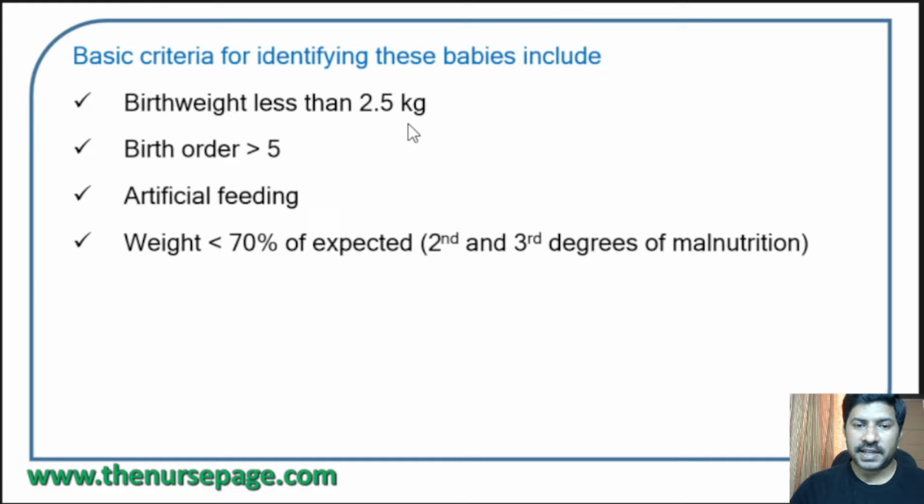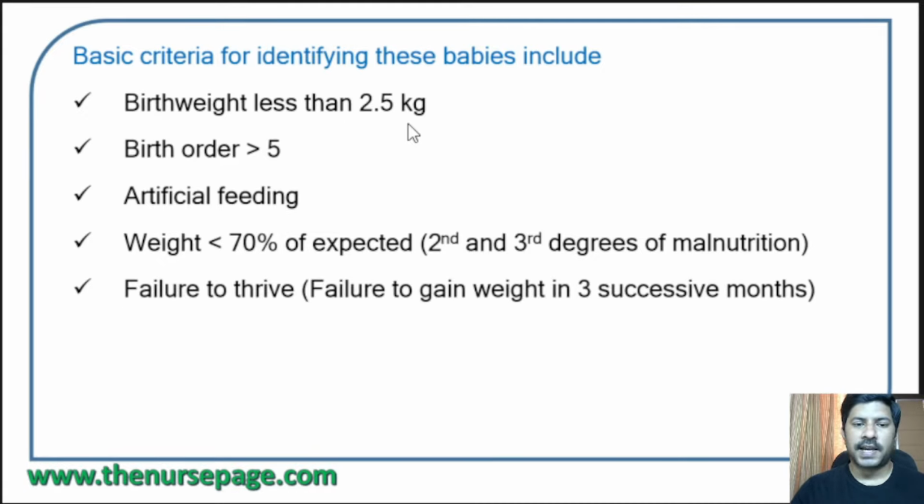Then weight less than 70% of expected, that is second and third degrees of malnutrition. So underweight babies are also a high risk category. Then failure to thrive. Failure to thrive means failure to gain weight in 3 successive months. The baby's weight is not increasing according to age in 3 consecutive months.